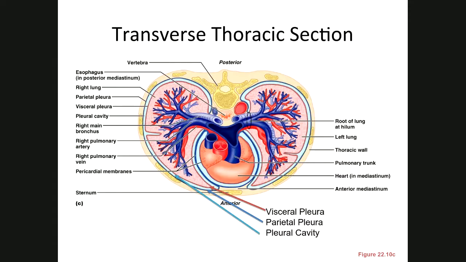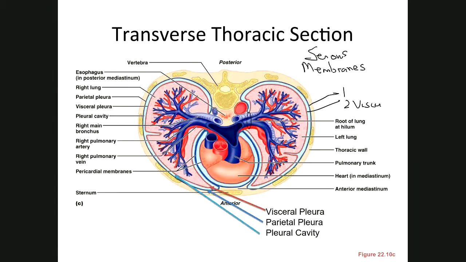Not only that, but remember there are membranes around the lung. Serous membranes. Remember, serous membranes are double layered membranes. And so we can see 2 layers, one right there and one right there. One layer is touching the lung. That one is the visceral layer.